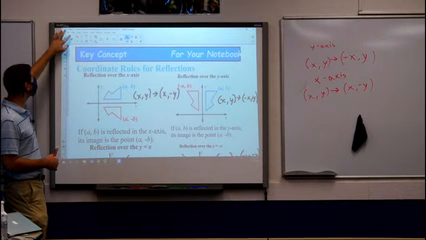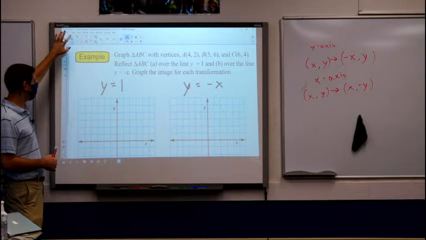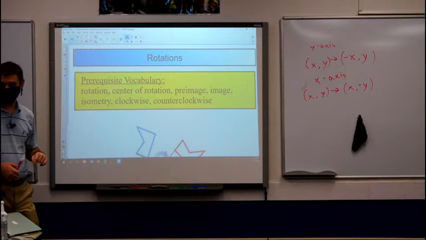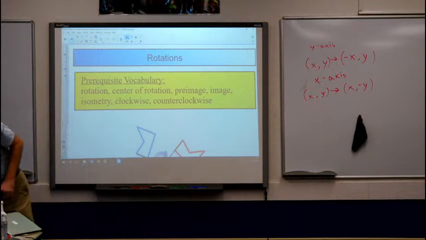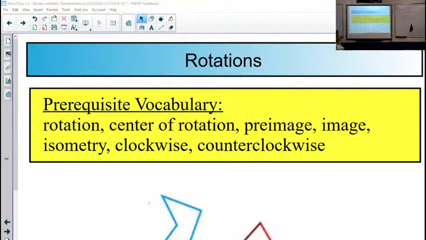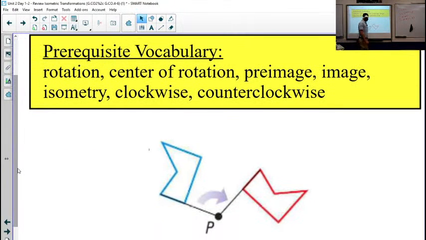Now we're going to focus today on rotations. So we've talked about translations where we're shifting up, down, left, right. We've talked about reflections where we're flipping.